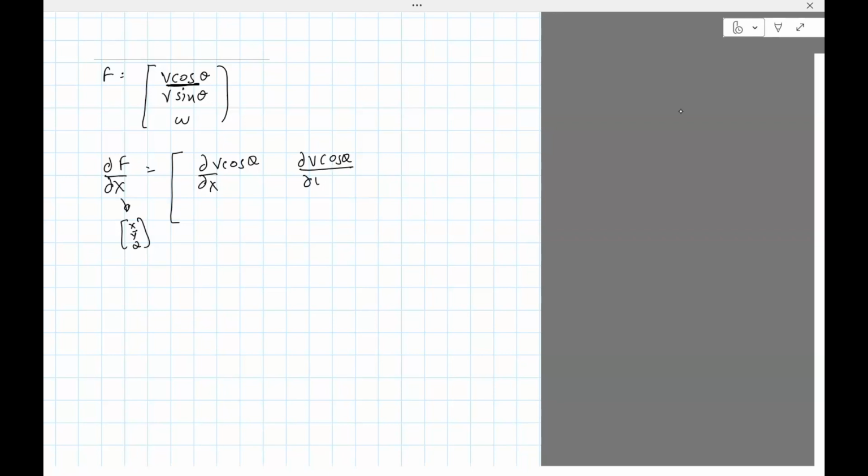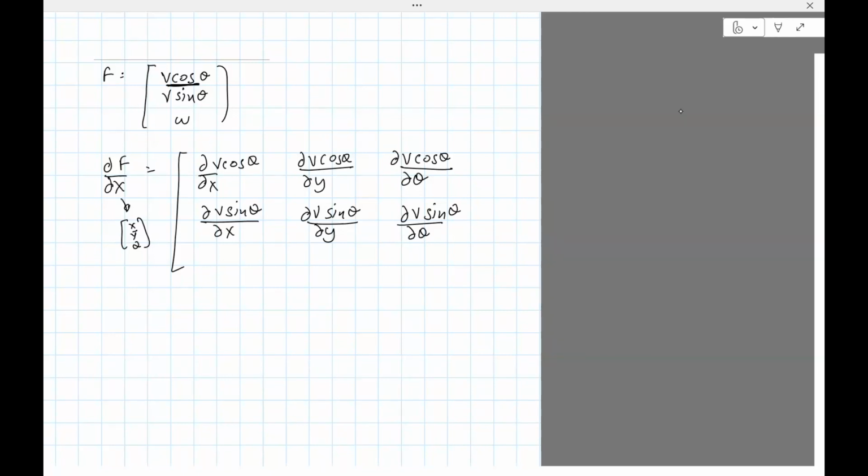We have d(v cosine theta)/dx, d(v cosine theta)/dy, d(v cosine theta)/d theta. Then d(v sine theta)/dx, dy, d theta. Then d omega dx, d omega dy, d omega d theta.